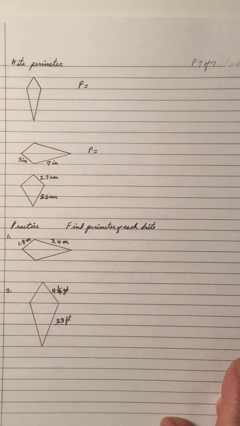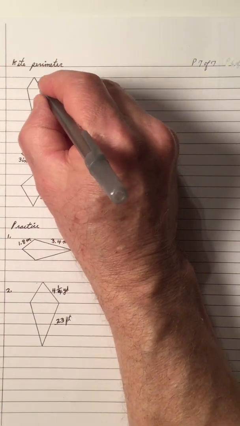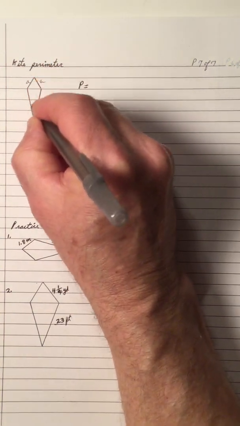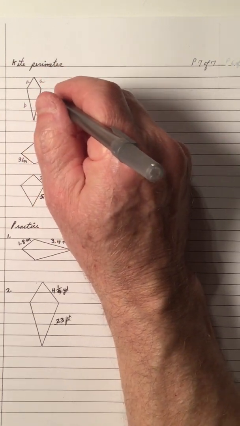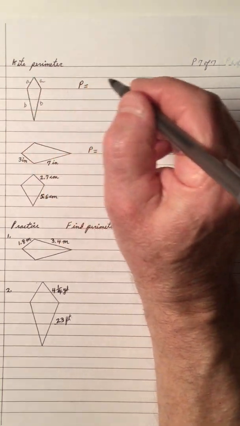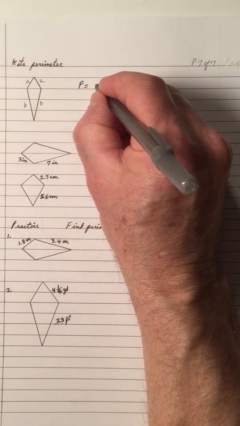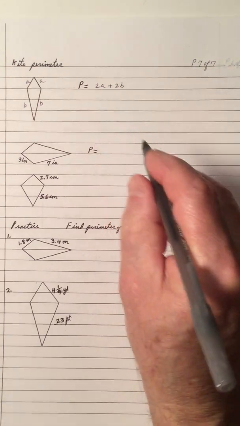We're going through all the perimeters of the quadrilaterals, just to make sure. Now we have a kite, and in a kite, these 2 sides are equal here, and these 2 sides here are equal. A kite has no parallel sides, just adjacent sides are equal. So we have A plus A is 2A, and B plus B is 2B.